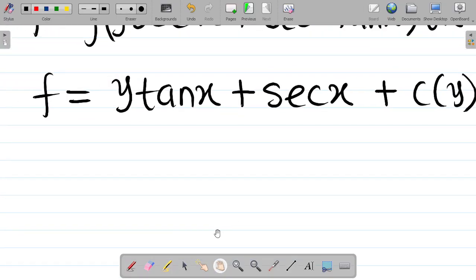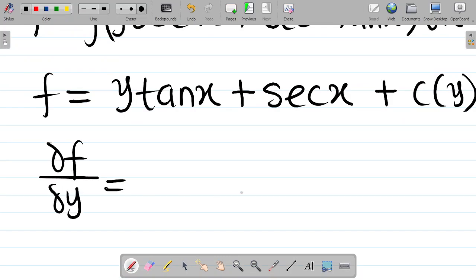The next thing we want to do here is to evaluate partial f all over partial y. To evaluate this, if I differentiate y, it gives you 1 times tan x. That gives you tan x. So I'm having this as tan x plus, here there's no y term.